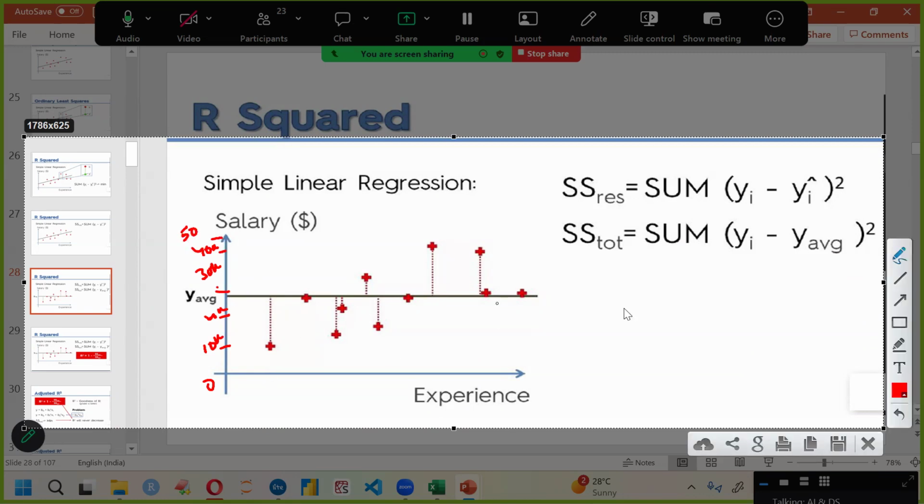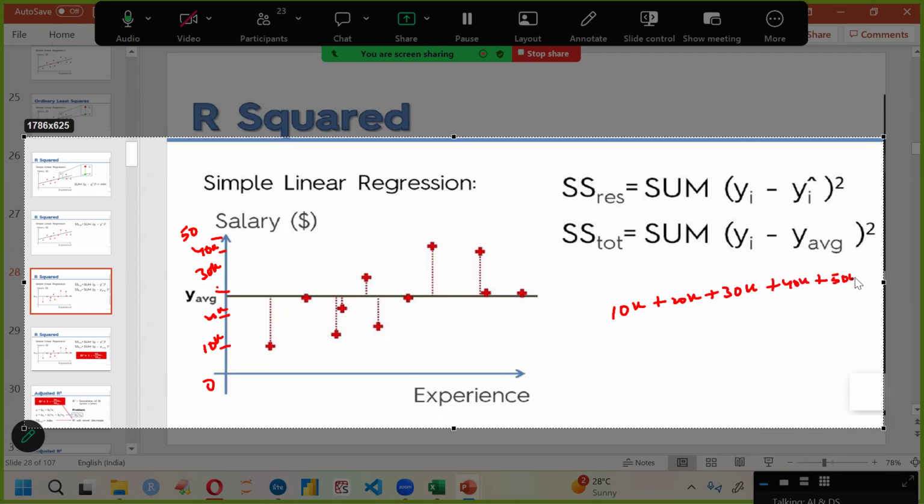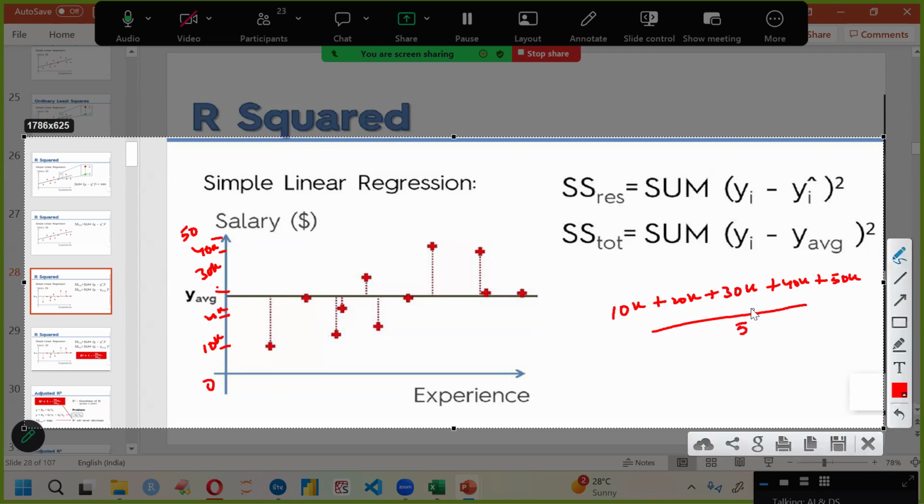What is this Y average? 10K plus 20K plus 30K plus 40K plus 50K, divided by 5. So we get 150 by 5, which is 30K. So this average is 30K. Now at 30K, I am drawing a line again.